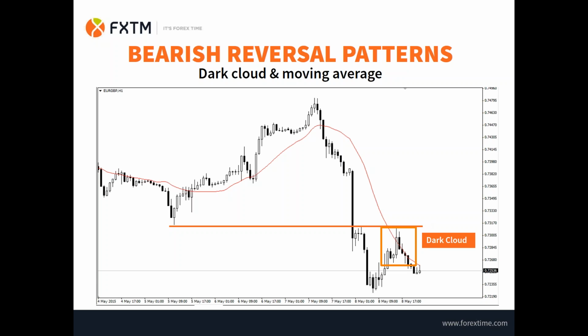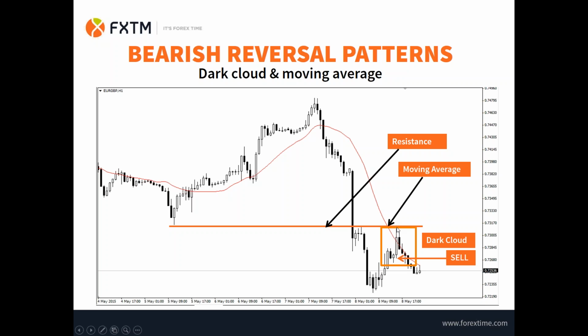And now you even feel more comfortable. And what do you have? A moving average as well. And you can sell at the low of this dark cloud formation. Never forget to place your protective stop loss at the high price of the dark cloud formation.